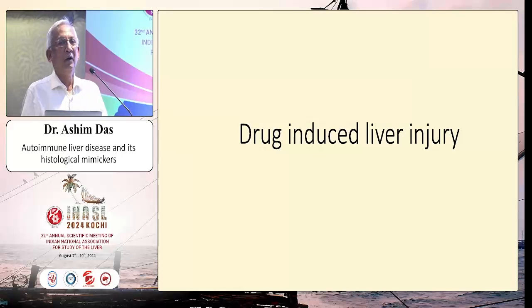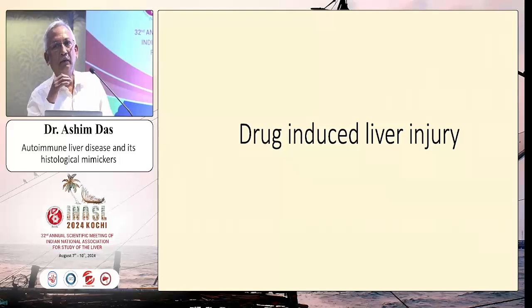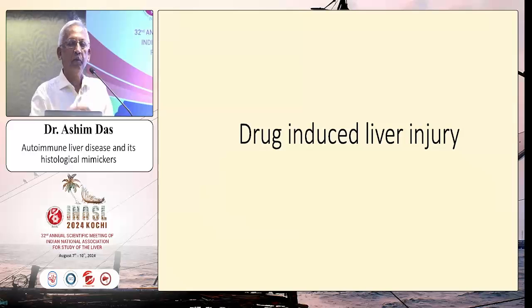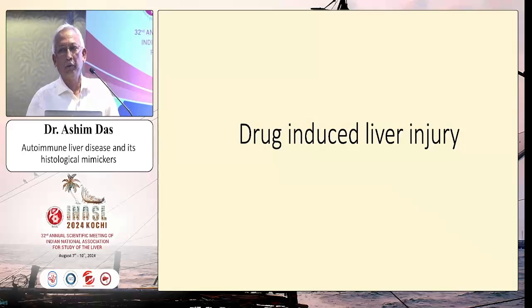So what is the basic conclusion based on this? When we see a significant liver injury concentrated mainly around the portal tract, of course with centrizonal area involvement, one should think about autoimmune hepatitis.